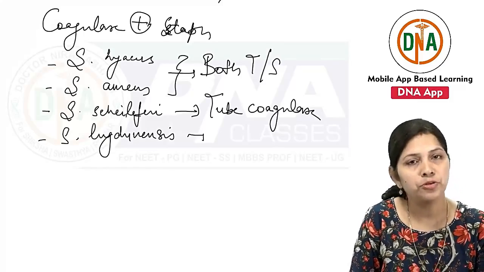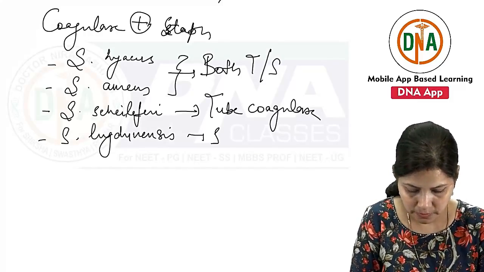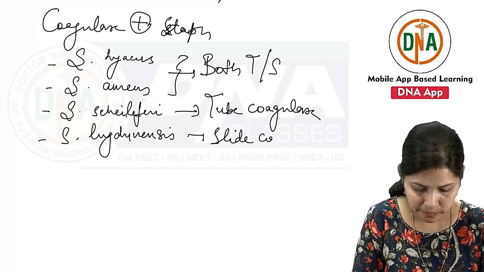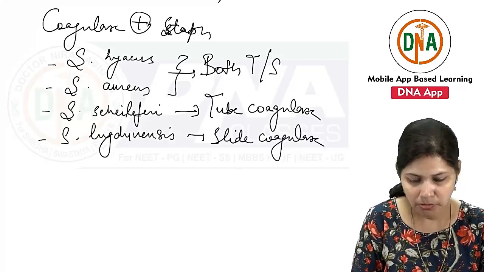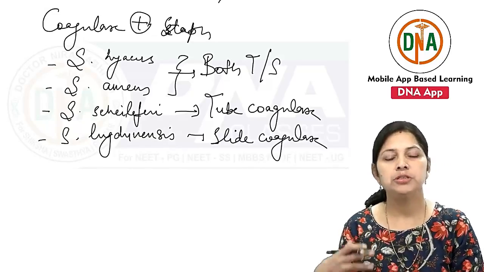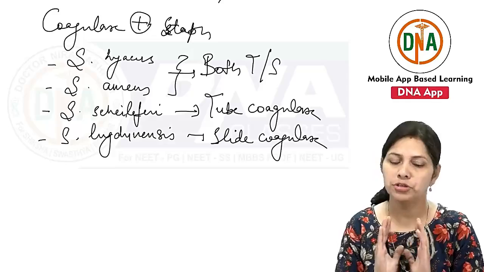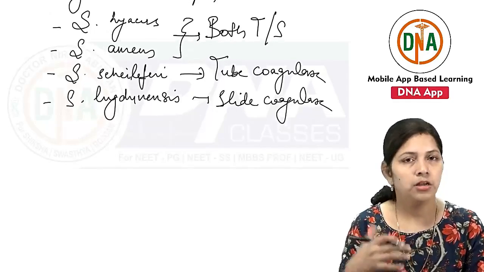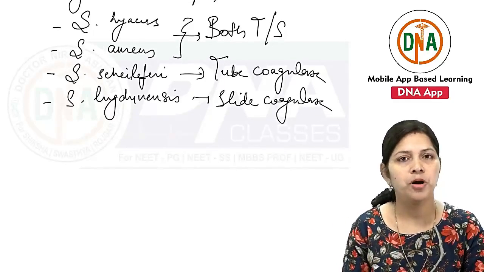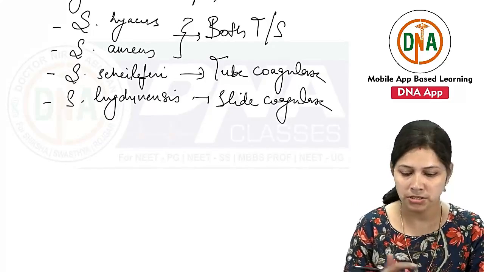Sorry, and lugdunensis is positive for slide coagulase. Okay, so these are important points which are asked frequently. So it is important to know these examples of bound and free coagulase test.